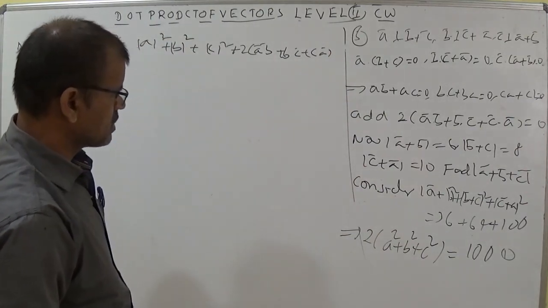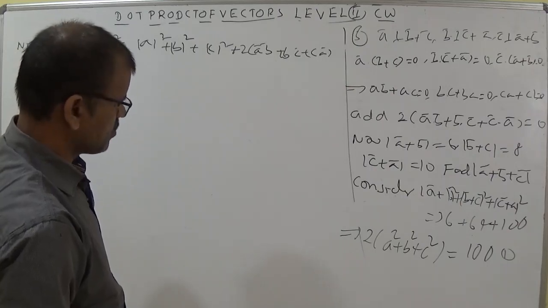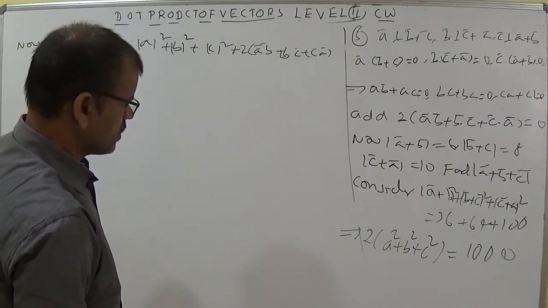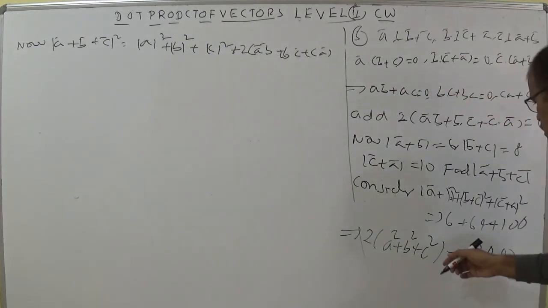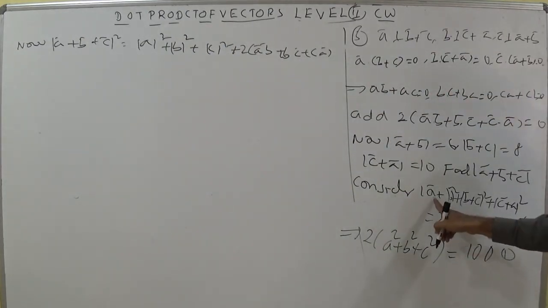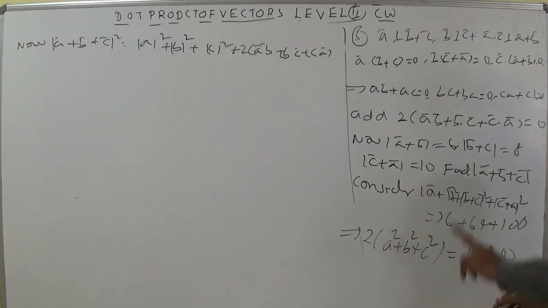Modulus of a square, what is the value? He did not give. Modulus of a square plus modulus of b square plus modulus of c square. So if we get the value 2 into (a square plus b square plus c square) here, just let us discuss: a square plus b square plus 2ab plus b square plus c square plus 2bc, c square plus a square plus 2ca will be getting 36, 64, 100. 36, 64, 100 here it becomes 200, not simple 100. 200.